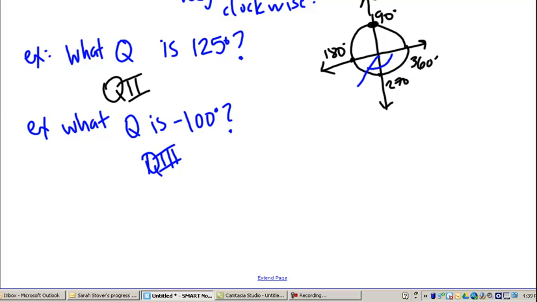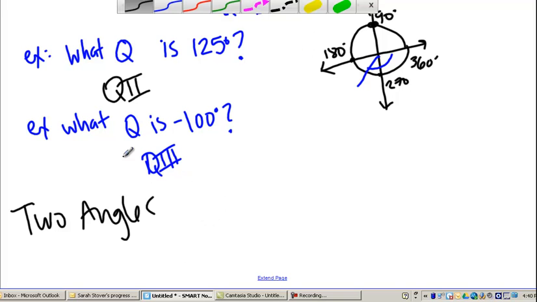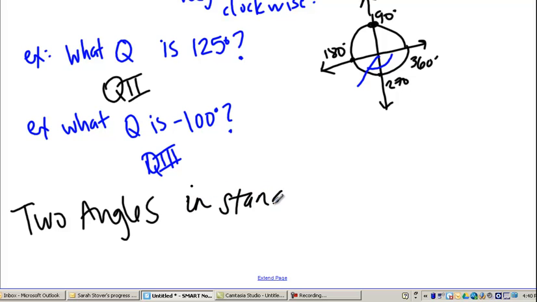Okay? Next definition is coterminal. Two angles in standard position are coterminal.